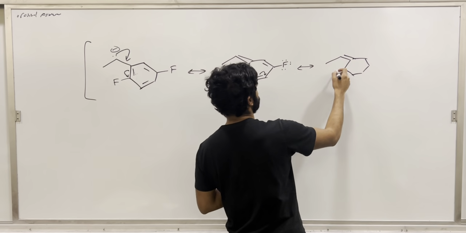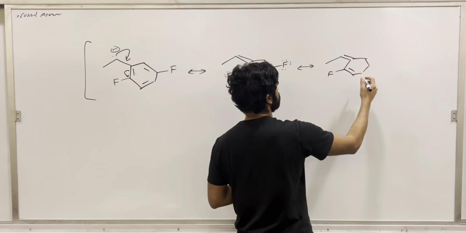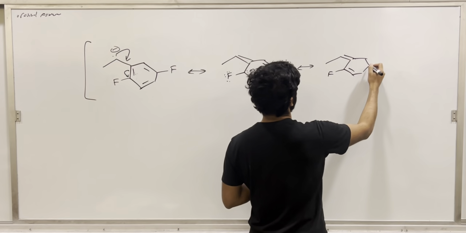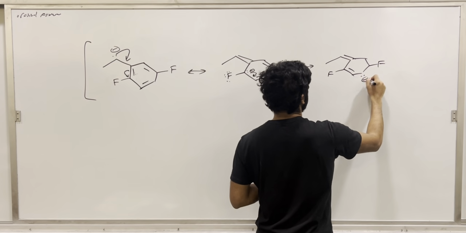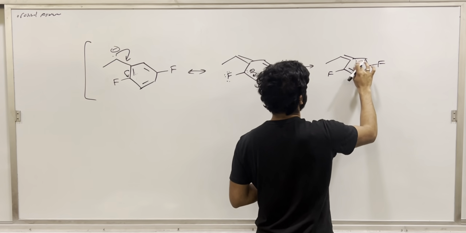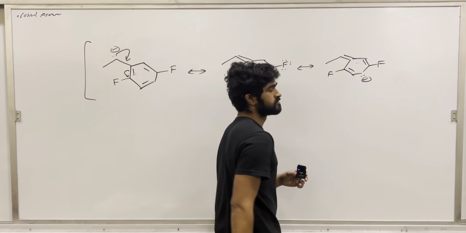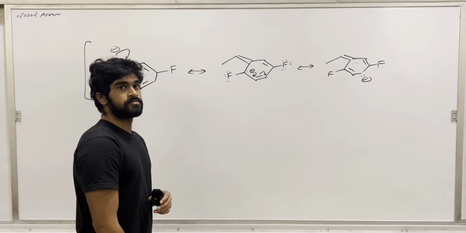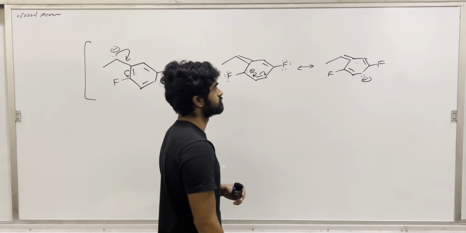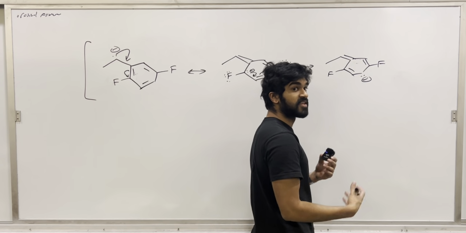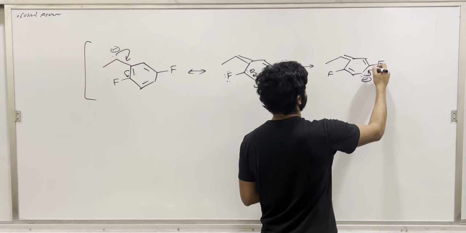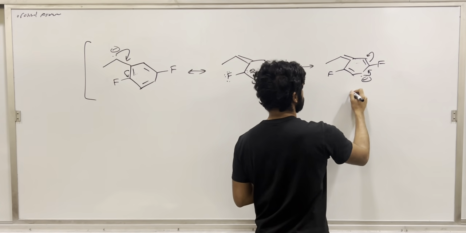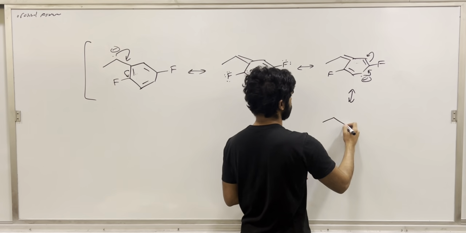Always keep track of what carbon you're on. That goes to here. Oop, see, I almost messed up. And then, dude goes there and this guy goes here. And we're just hopping the ring at this point.